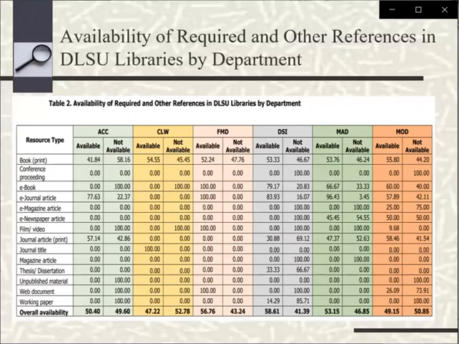The accountancy, financial management, decision sciences, and innovation and marketing use more materials available in the library collections, with the percentage of resources available in the library collection greater than those unavailable.